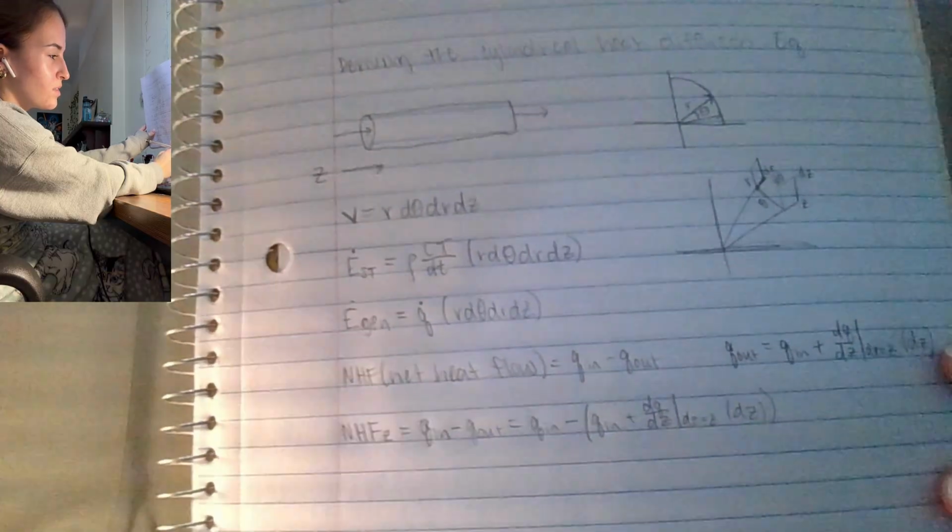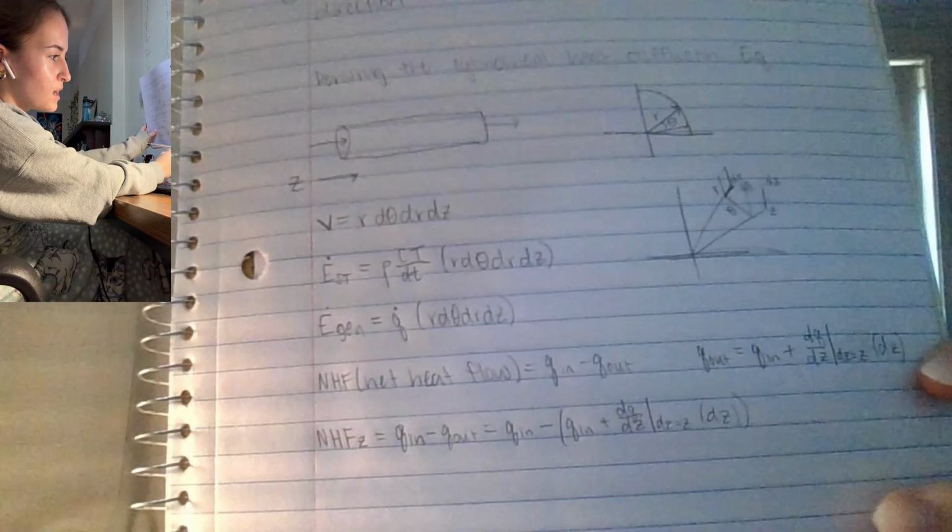I plugged in that Q out equation into this total equation, and now we can go ahead and start canceling things out. So we can cancel out the Q in, and we can substitute in the dz equals z term to make this a little more simplified.